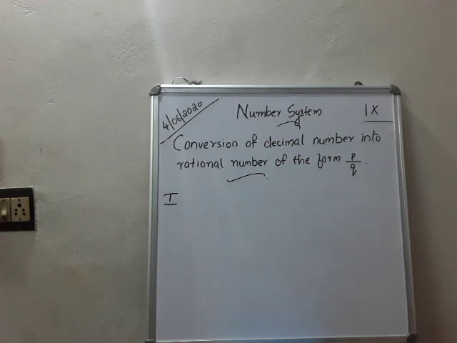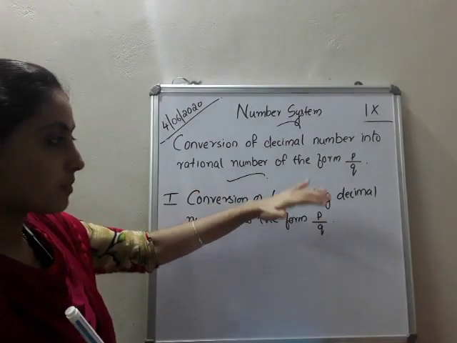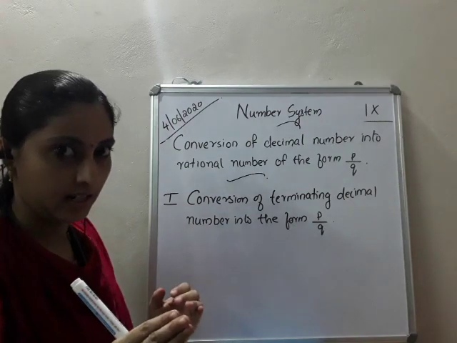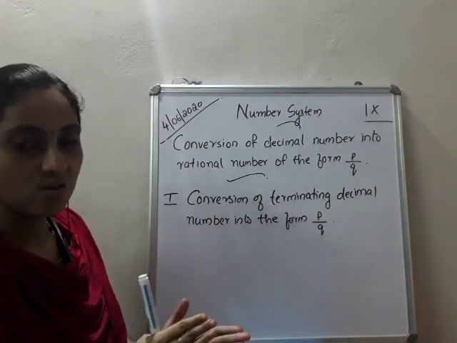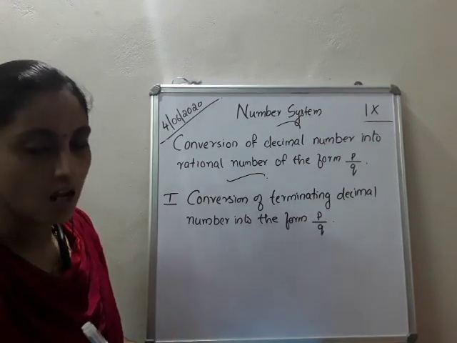Here we are discussing the terminating decimal number. Terminating decimal number means that it is ending, which you already know. Just revise that.